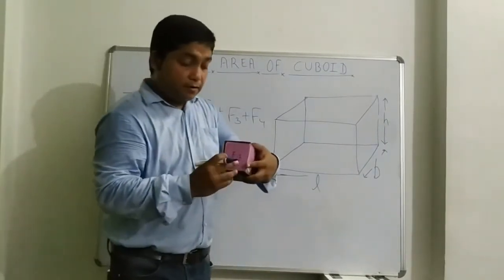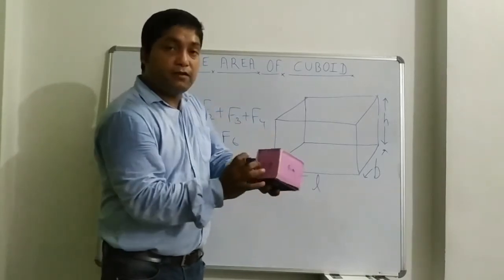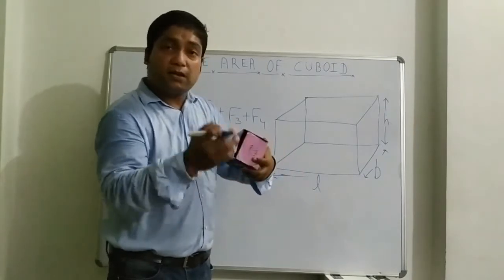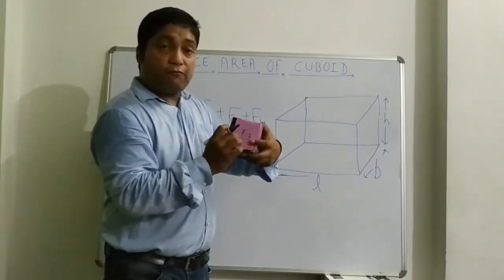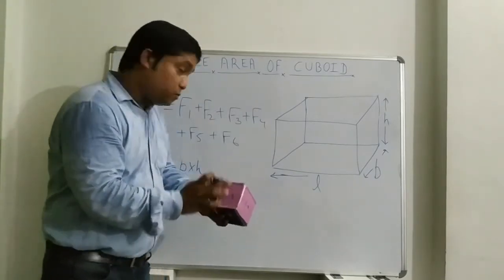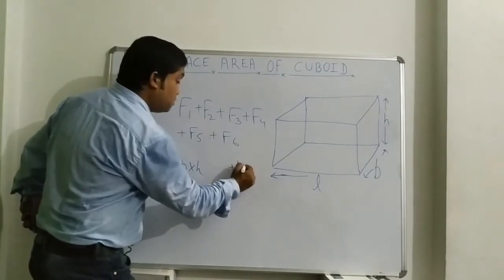F1 is equal to F3 because both the rectangles are equal. So if F1 is equal to breadth into height, then F3 is also breadth into height.